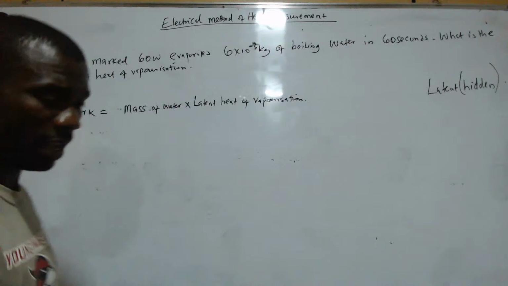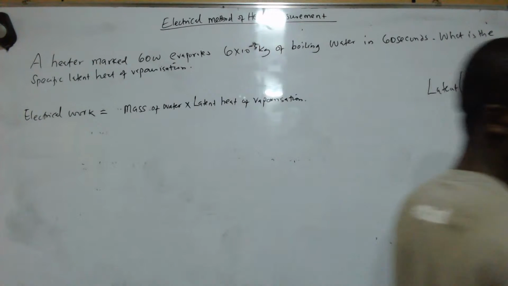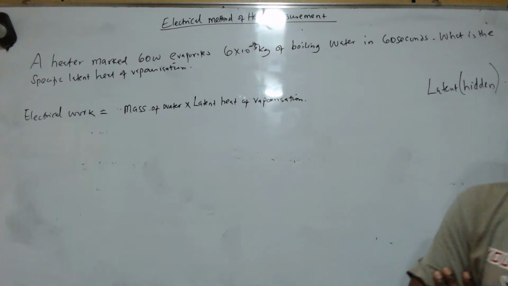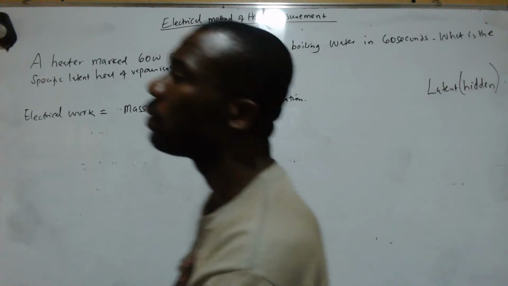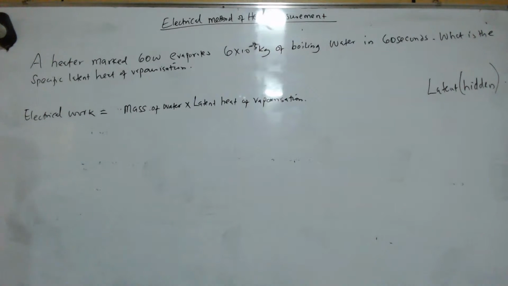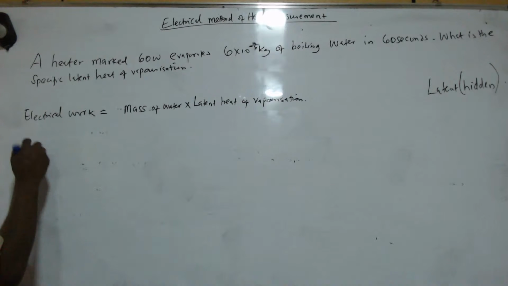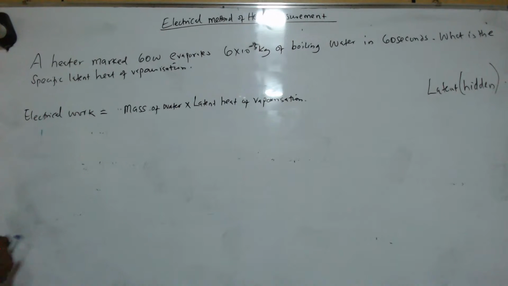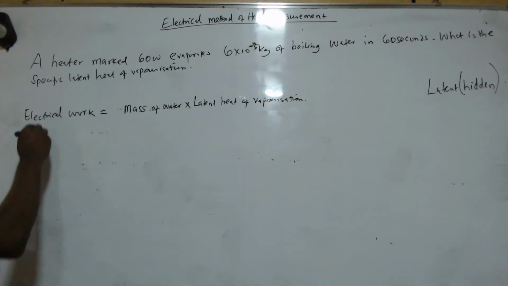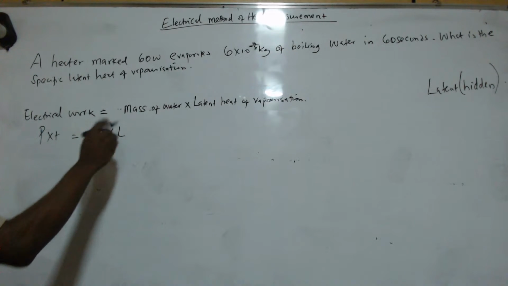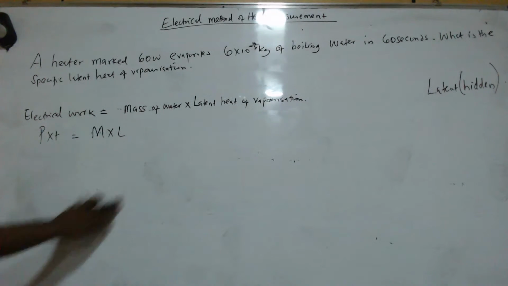Latent heat of vaporization is the heat that causes the water to escape from the kettle or from the pot when you are boiling the water, without changing temperature. So it is power times time equal to mass times latent heat of vaporization.